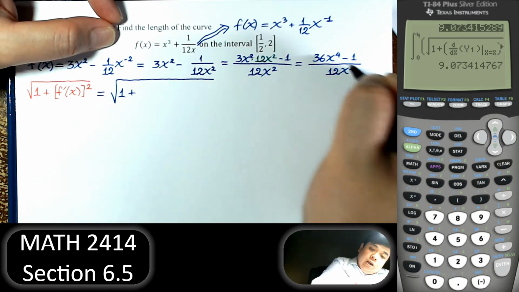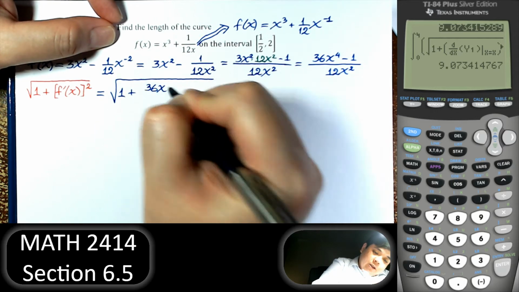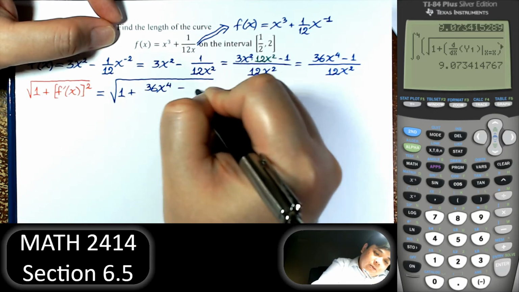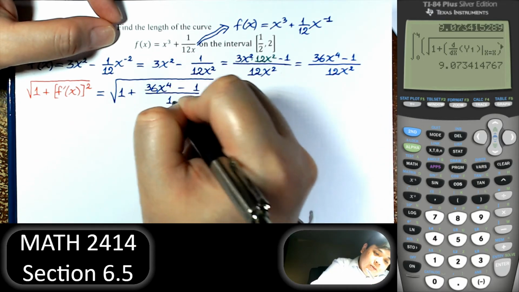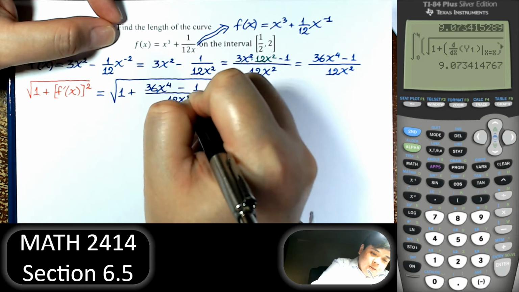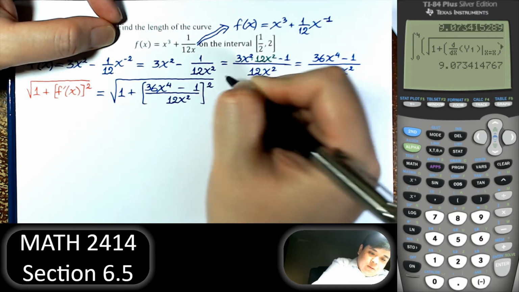1 plus the derivative squared. All right.